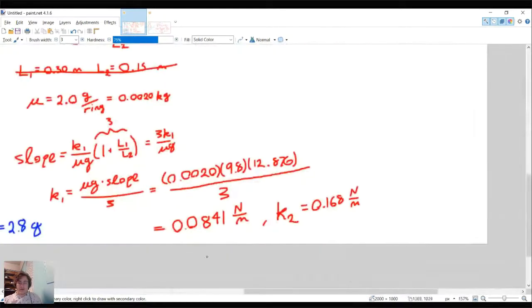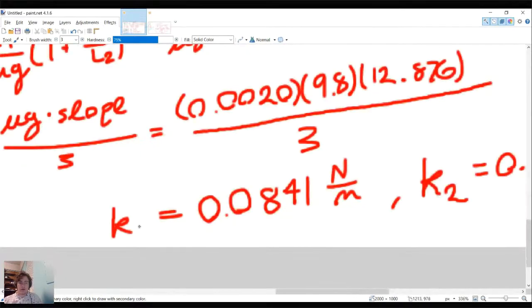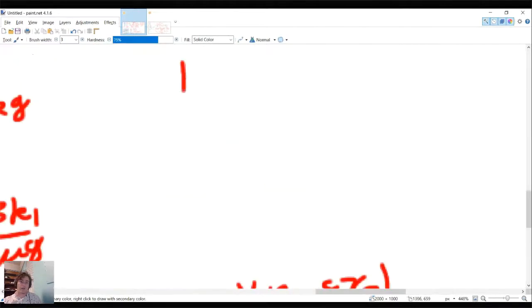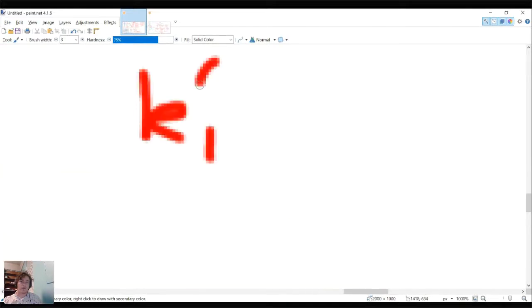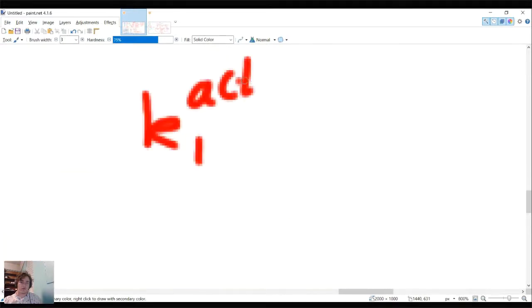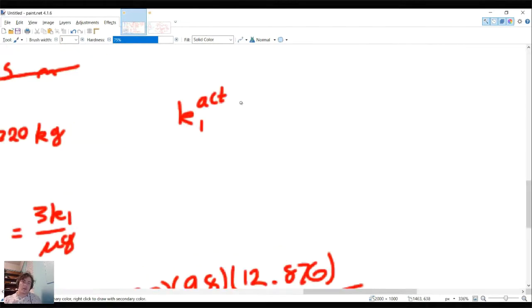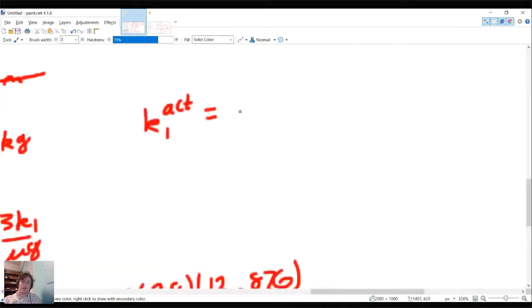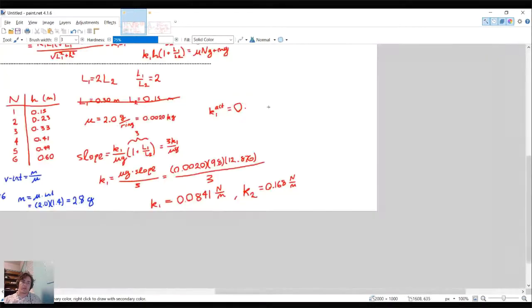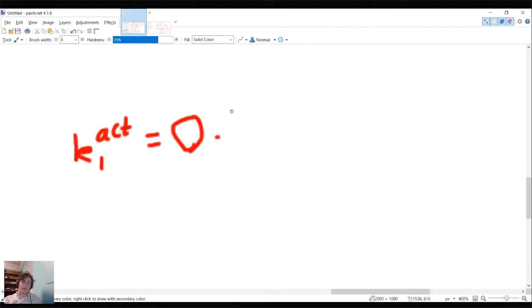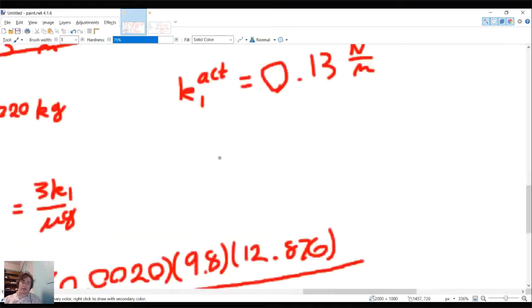For example, for K1, let's say you're given an actual K value of 0.13 newtons per meter, and my experiment measured 0.0841.